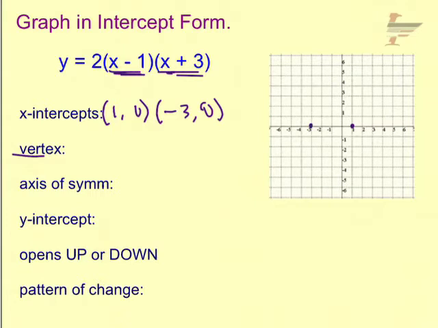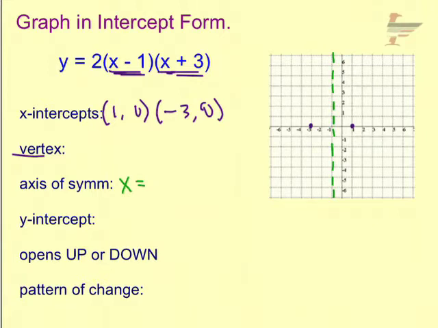The next thing we can do is, because our graphs are symmetrical, draw in our axis of symmetry. It's going to be halfway between the 2 points that we see, so it's going to be right down this line. What is the equation of that line? It's always x equals, because it's vertical.